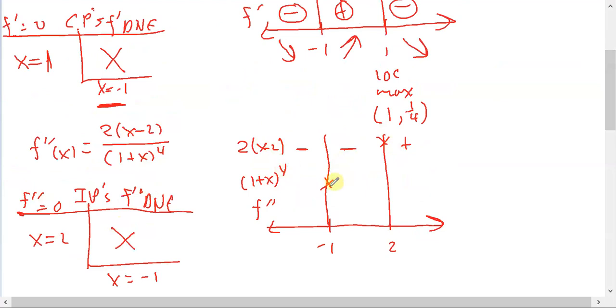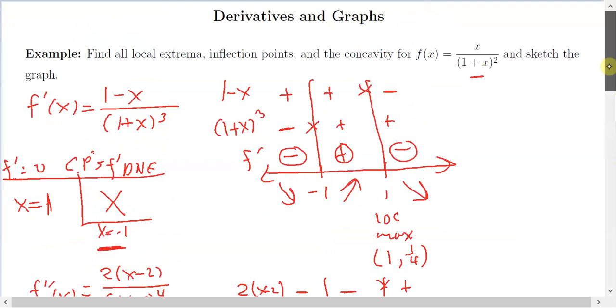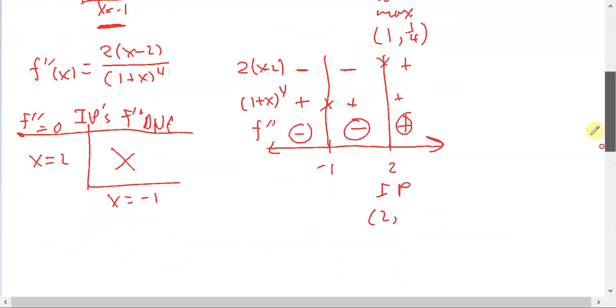This one's to the 4th power, so although it is 0 here, it is always positive. So the overall result is negative, negative, positive. This is a change in concavity, so there's an inflection point occurring at 2. And when you plug 2 back into the original function, it's 2 over 3 squared, so that's 2/9.